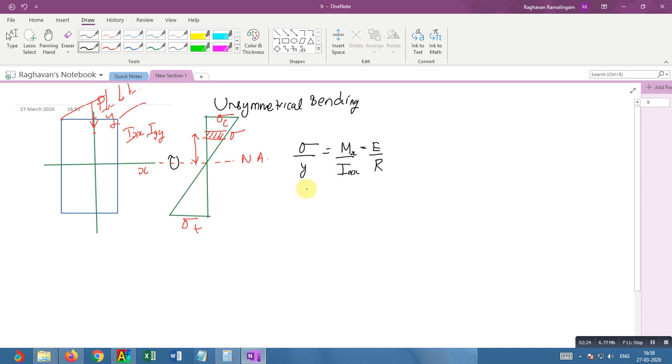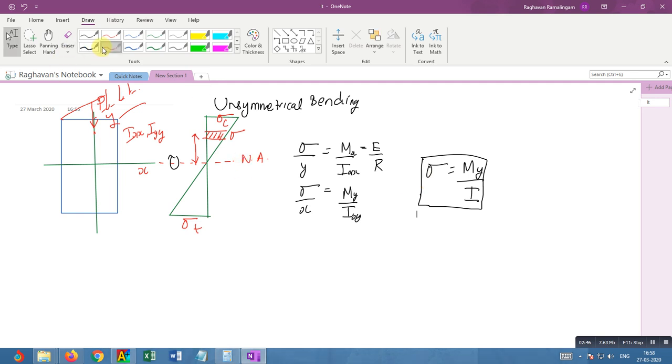In case it's acting about the other axis, you replace it with sigma by x equals My by Iyy. So basically you use the formula sigma equals M into y by I. The same formula is going to help us with unsymmetrical bending.